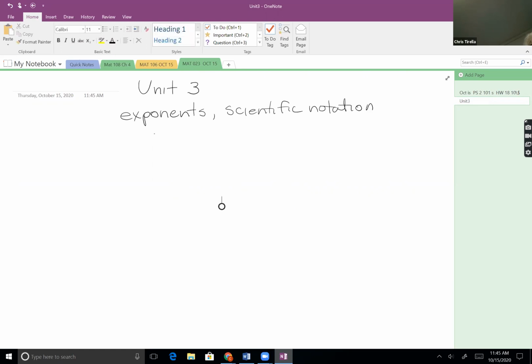I'd like to start today just by looking at exponents, what they are, and also looking at some of the exponent laws.